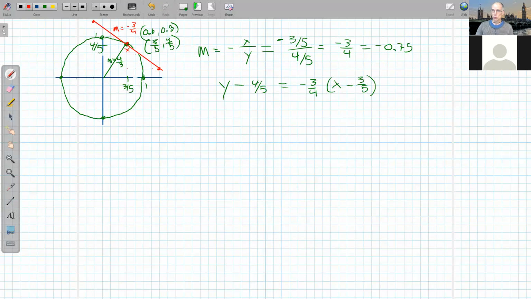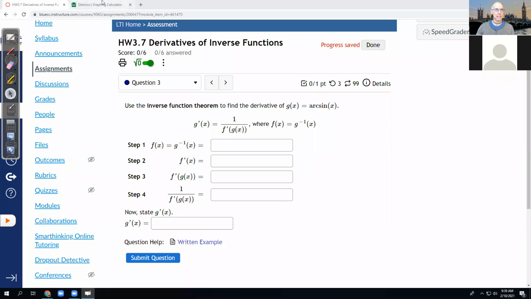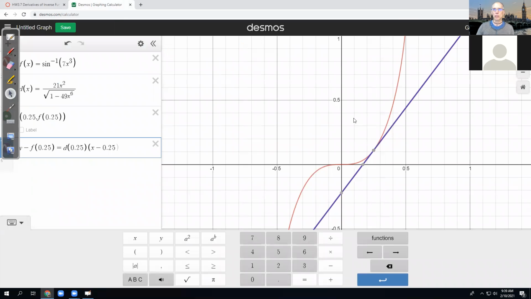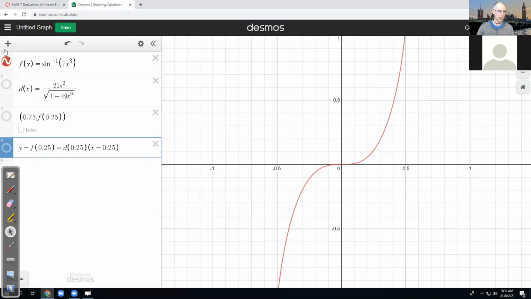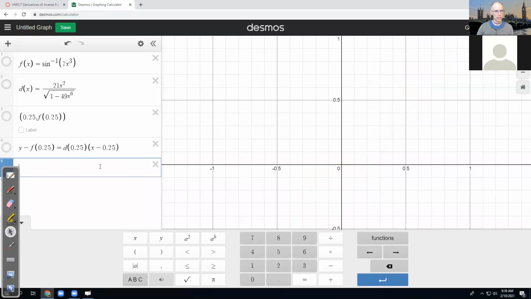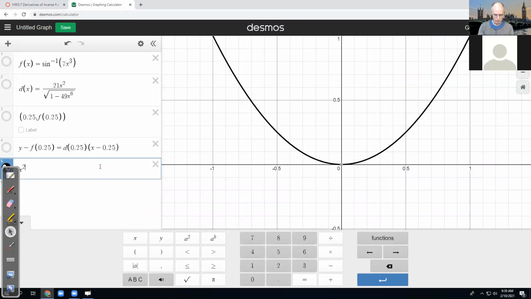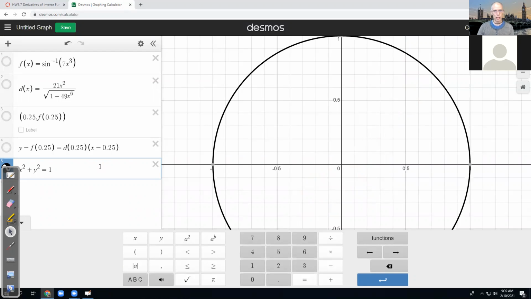So I'm going to have Desmos do a better graph of this than I just did. And this should work just fine. I really don't want to delete all this beautiful stuff. Just turn it off. Goodbye. And so unit circle, x squared plus y squared equals 1.